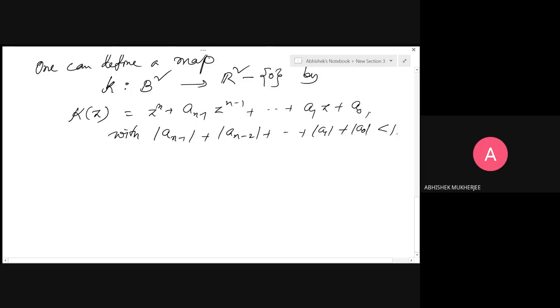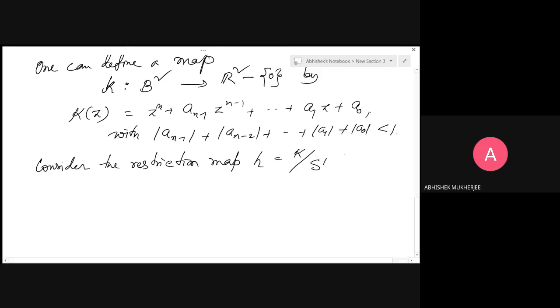And now we shall consider the restriction map H, which is the map K restricted to S1.